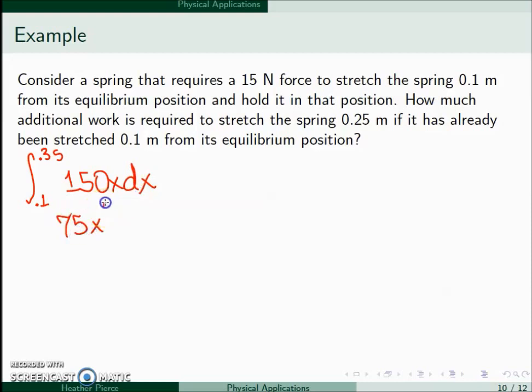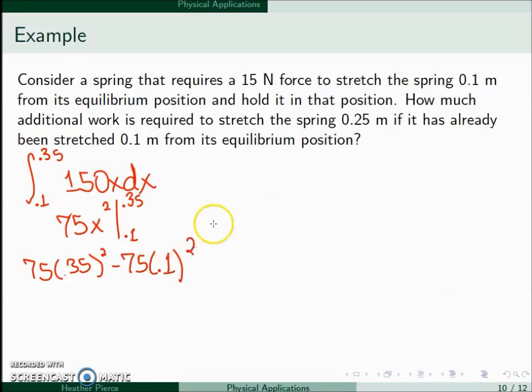When we integrate, we have 75x squared going between 0.1 and 0.35. So I have 75 times 0.35 squared minus 75 times 0.1 squared, which gives us 8.4375.